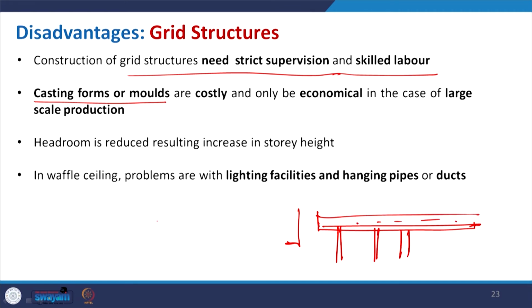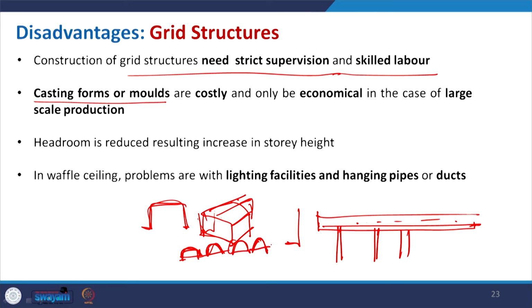But for this, we need some mold, which basically looks like this, and we place them one after another, and then we put the reinforcement on top of it and we fill it. So, if we try to convert this, your formwork now looks like this. All these molds will be placed one after another and then we cast.